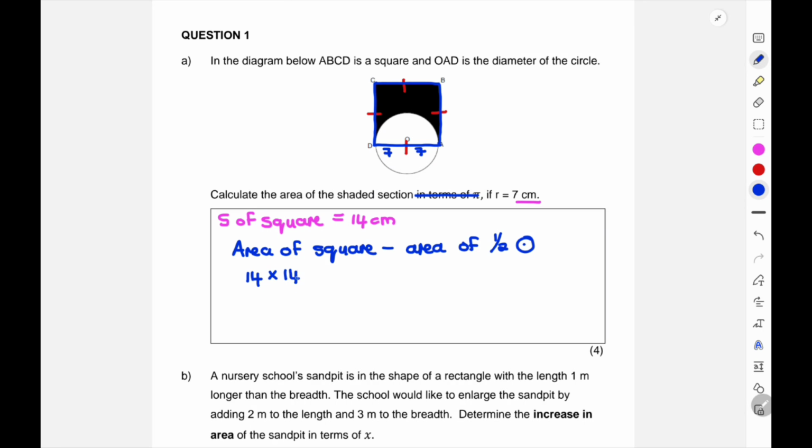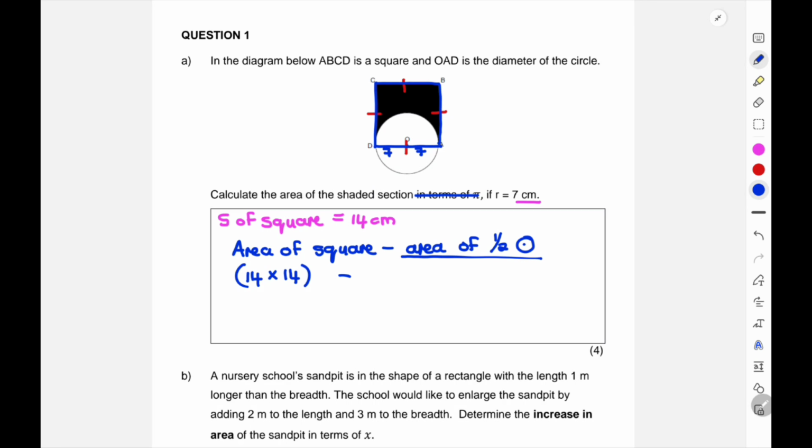So the area of the square is going to be 14 times 14. And then we want to subtract the area of half a circle. Okay, it's only half a circle. So if you've got the area of the square, we're going to have all that. And then we want to subtract that half a circle over there. And we will be left with the shaded area. I hope that makes sense.